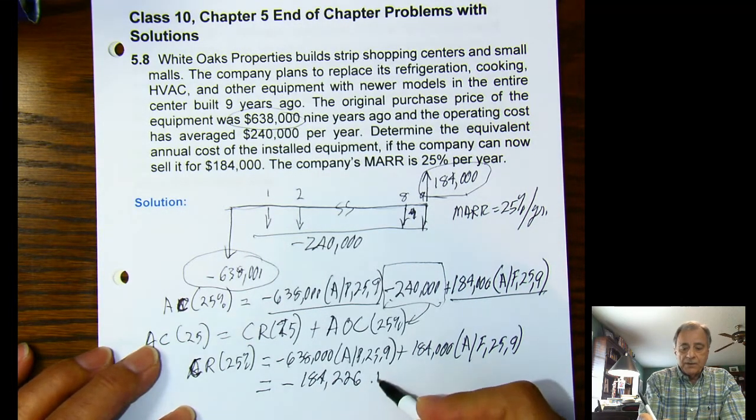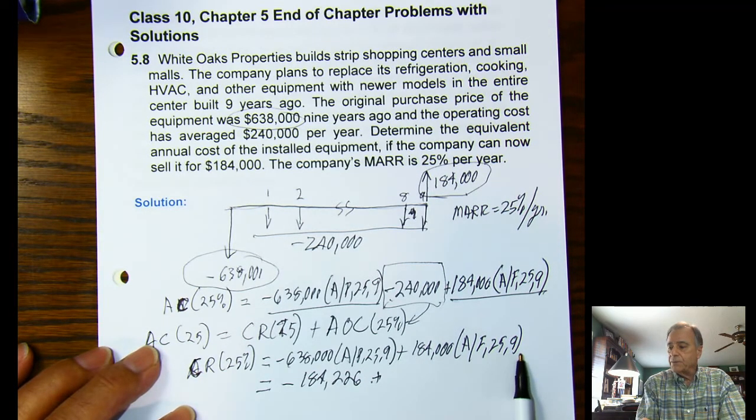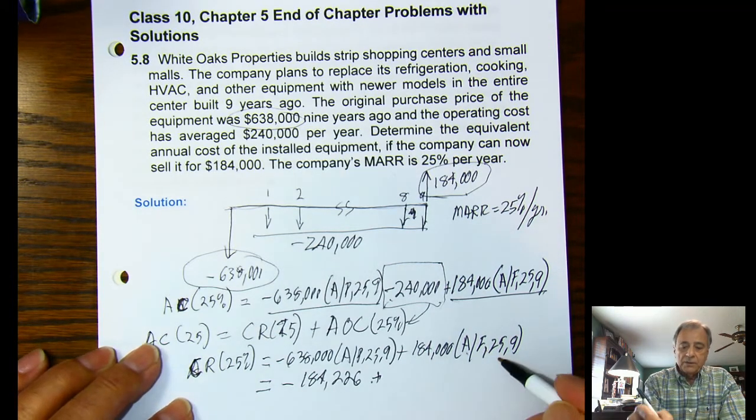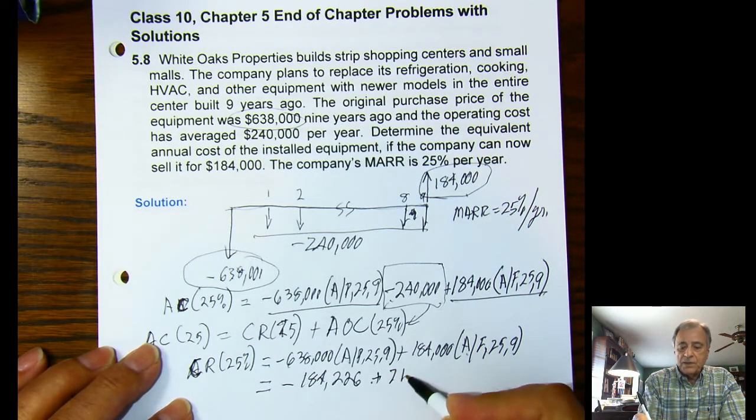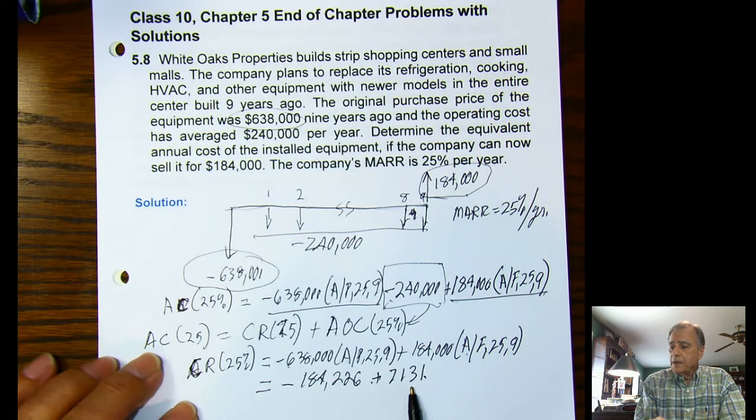And then I'm going to take this and bring it back at 25% for 9 years. That's A given F. And when I do that, I'll get $7,131, and that's dollars per year for 9 years. And then I can add those two.